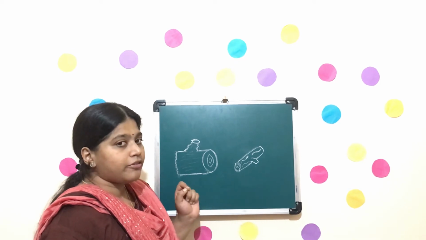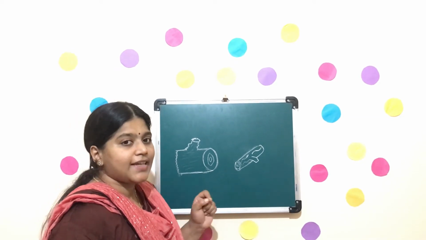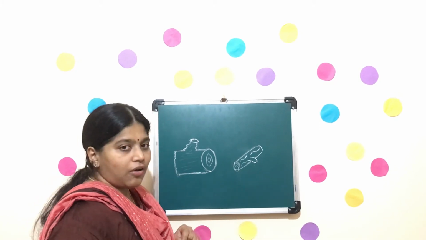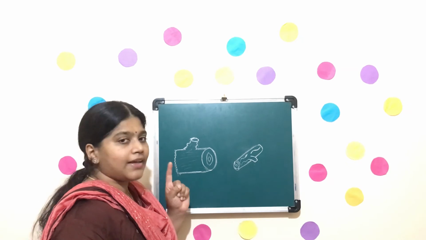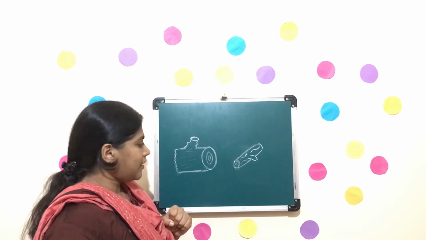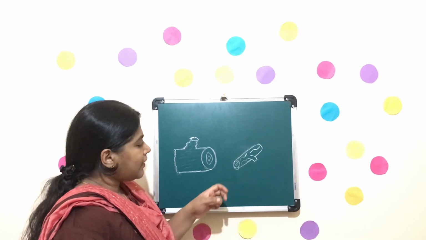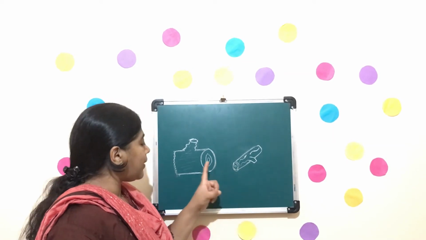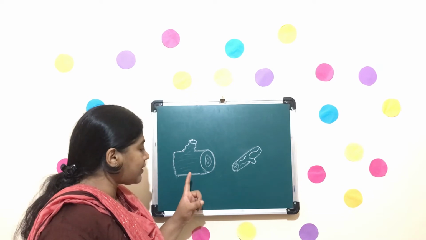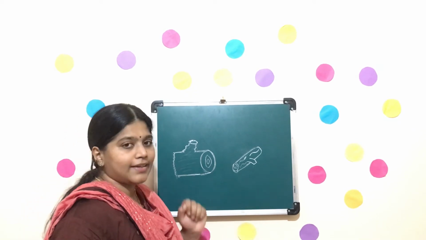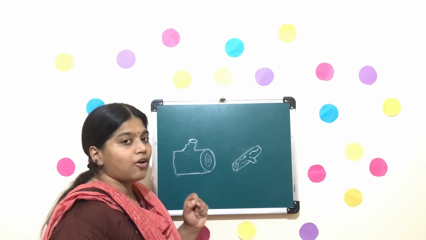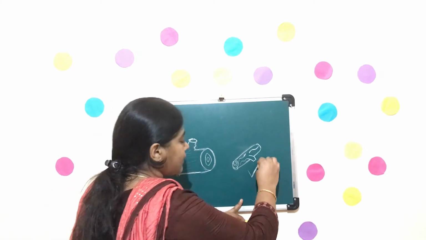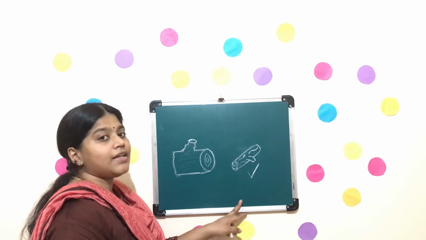Okay? Now we have to tick the log which is thin. So when we are comparing these two logs, which is thick and which is thin, I can say this log is thin when we are comparing to this one. So this is thick and this is thin. I said tick the log which is thin, so I have to tick this one and circle the log which is thick.